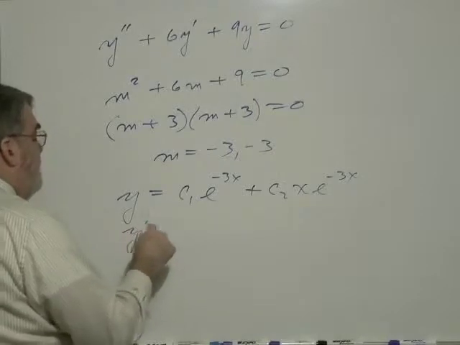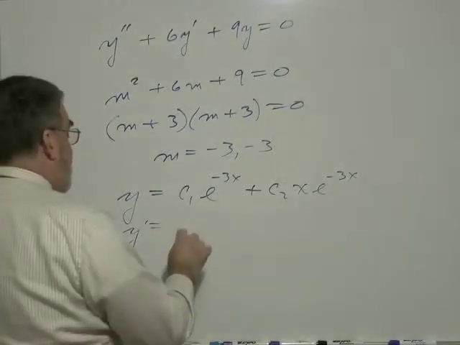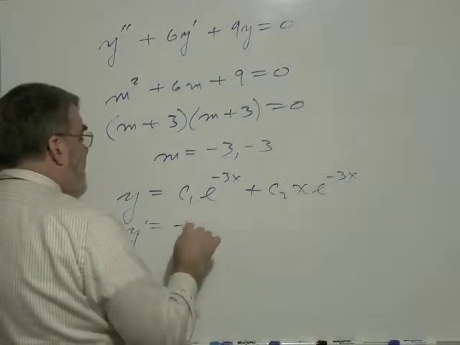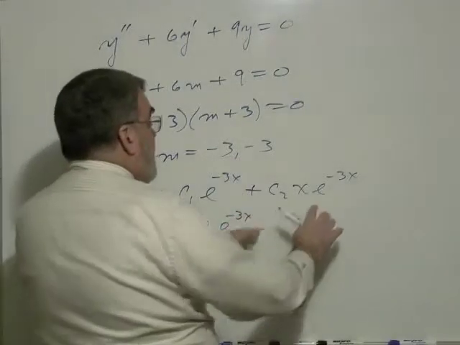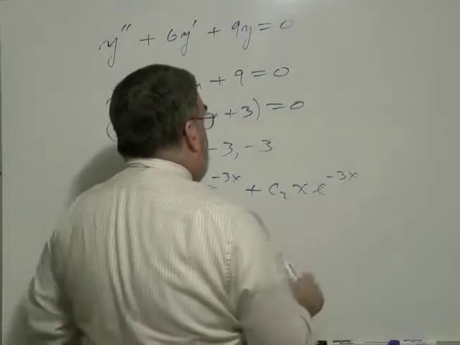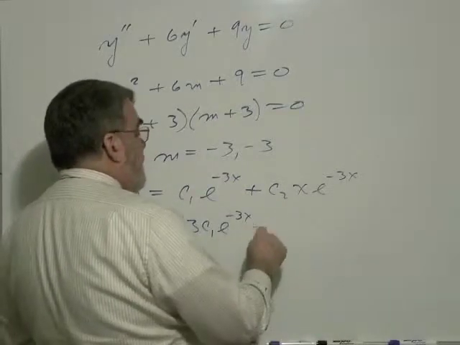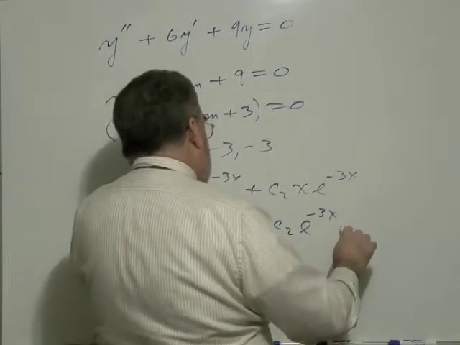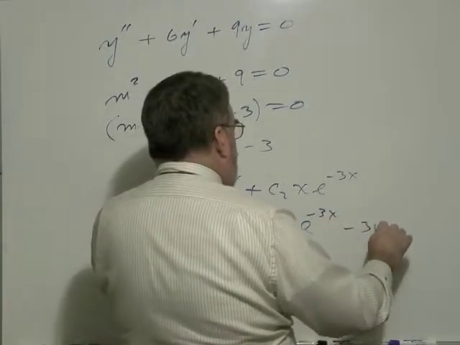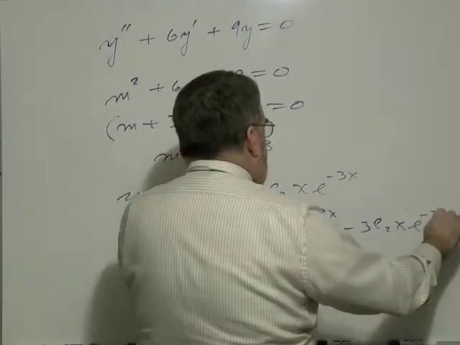So now this is my solution to the problem, but I'm going to check it. If I do y prime, I get, taking the derivative, -3 c1 e to the -3x. And then here I've got a product rule going on, so it's going to be plus c2 e to -3x, and then minus 3c2x e to -3x.